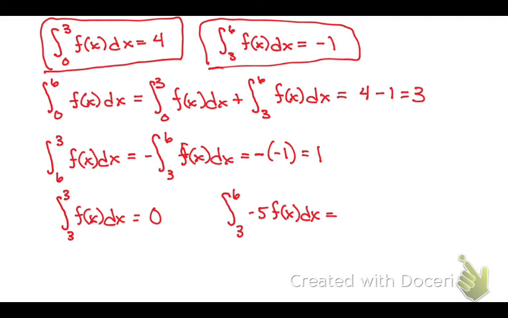Well, can we move the -5 in the front? Yeah, the -5 just goes in front, right? And then what's 3 to 6? -1. So the answer is 5. That's it. That's what you're doing today. That's all it is.